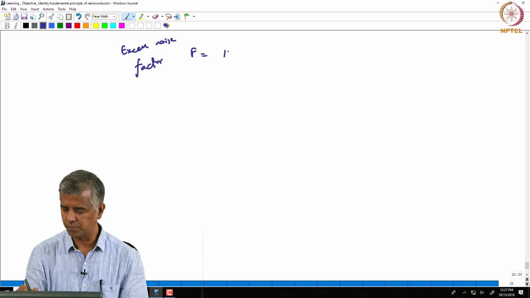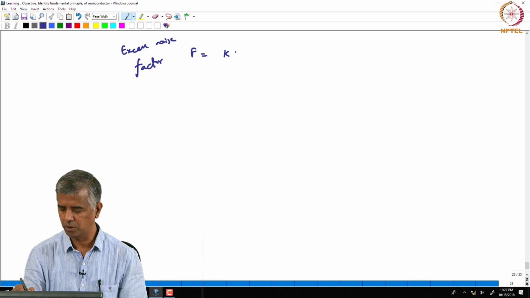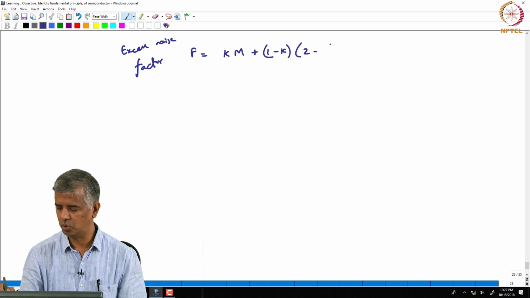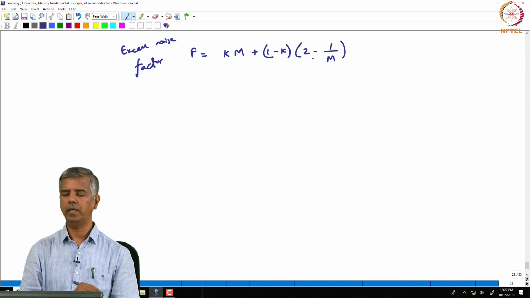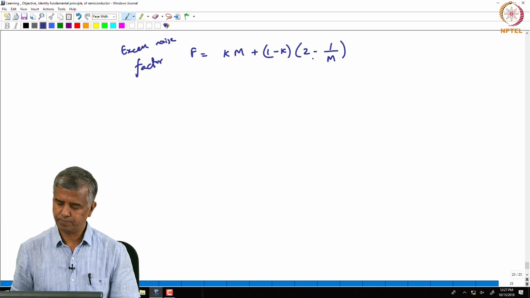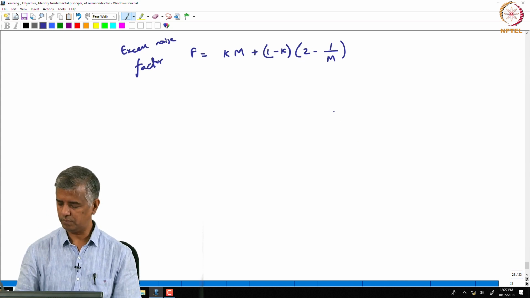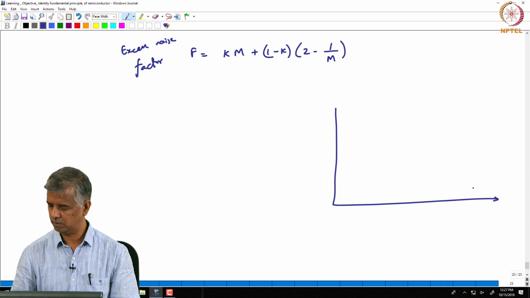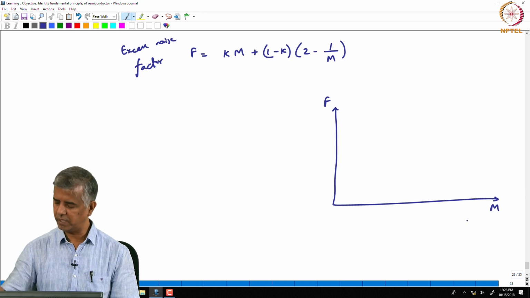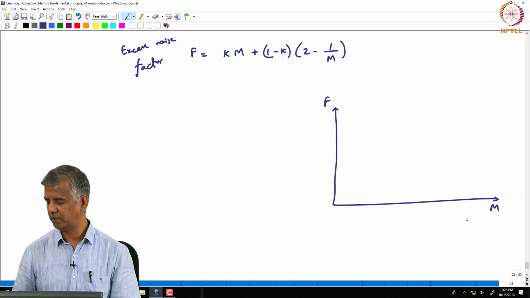is given by this expression: F equals k m plus (1 minus k) multiplied by (2 minus 1 over m). Okay. So, if you plot this, I will plot F as a function of m, which is actually a function of the bias voltage.